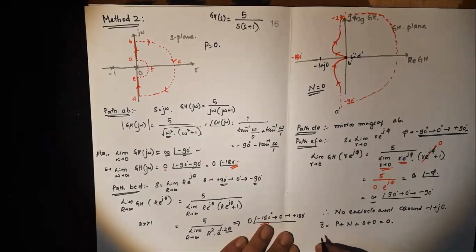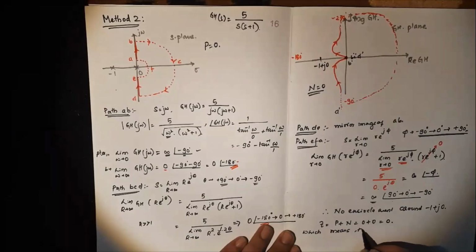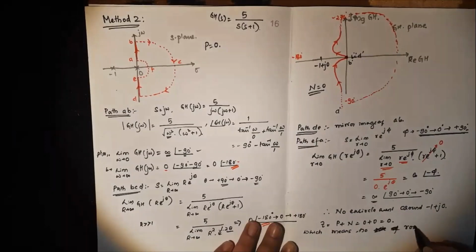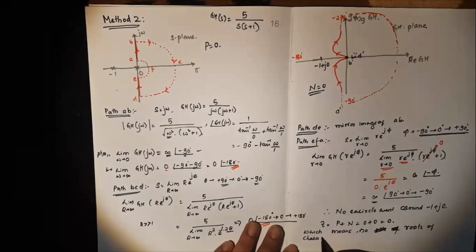So when Z is 0, it means no characteristic root, or no roots of the characteristic equation lie in the right half of S plane.